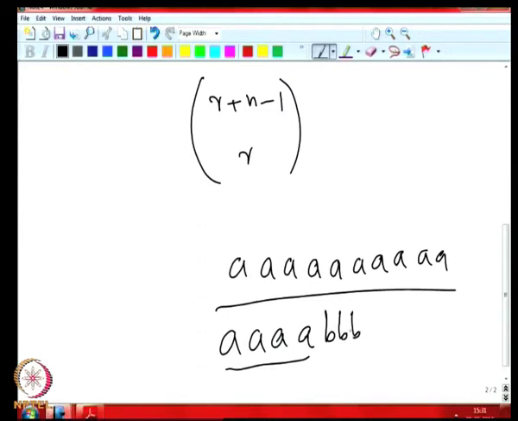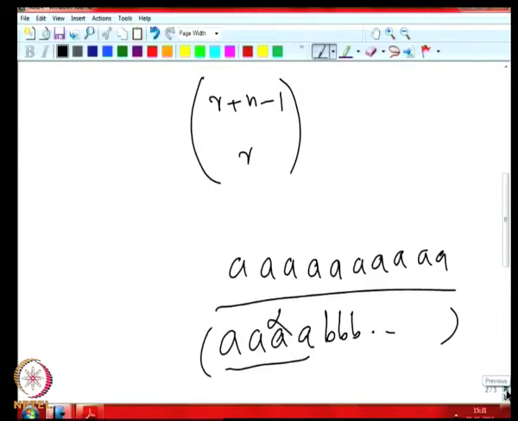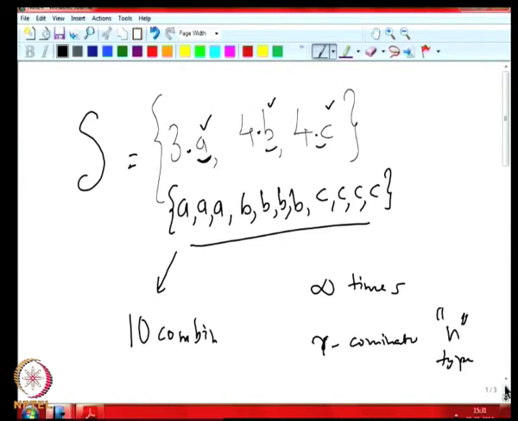This kind of selection is also not allowed, right. So, this is one issue. The repetition numbers are now limited. Of course, we really did not need infinity to use the other one, because when we are talking about 10 combinations, we just need 10 a's.